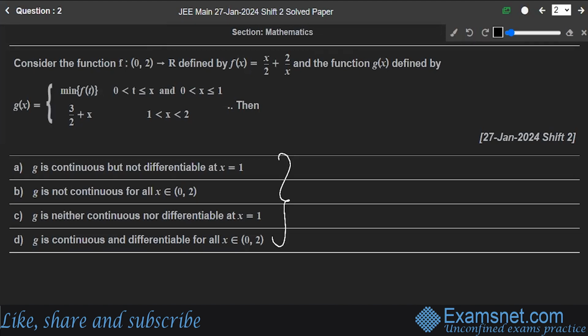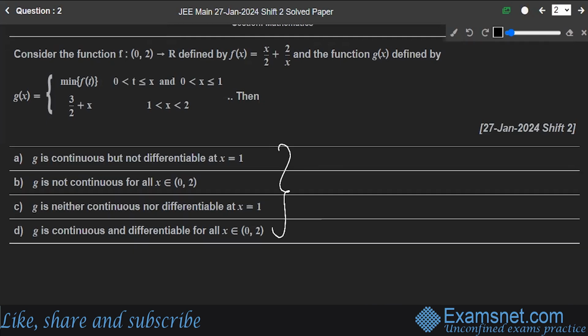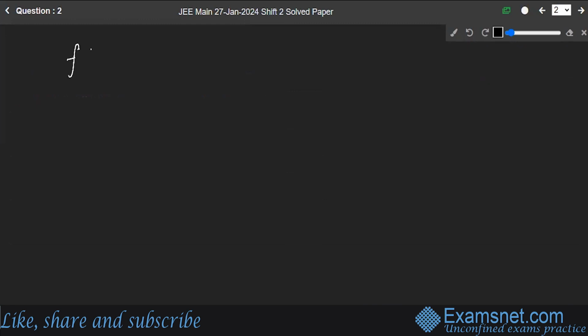Okay. See, if I'm considering the function fx, which was equal to x by 2 plus 2 by x, and I want to know the nature of the function, decreasing or increasing, let's find out the derivative. This will be 1 by 2 minus 2 upon x squared. Therefore, this is decreasing in the domain.